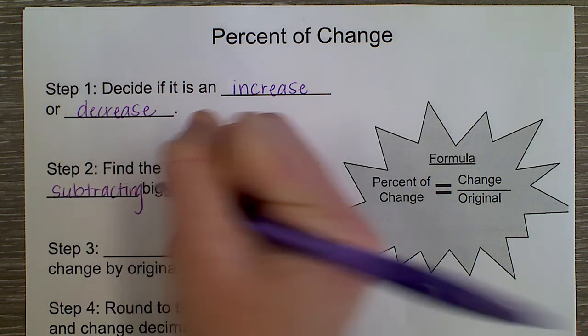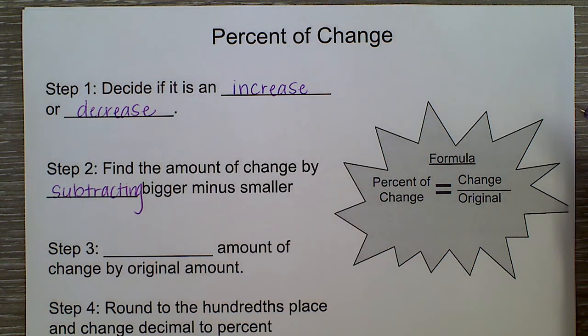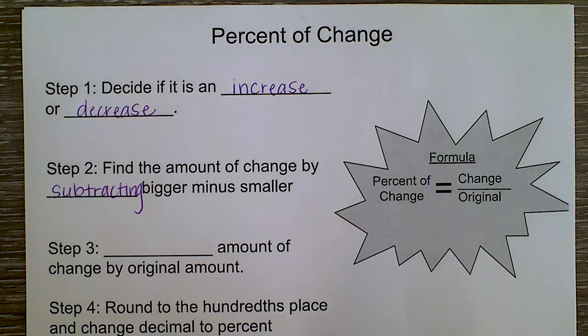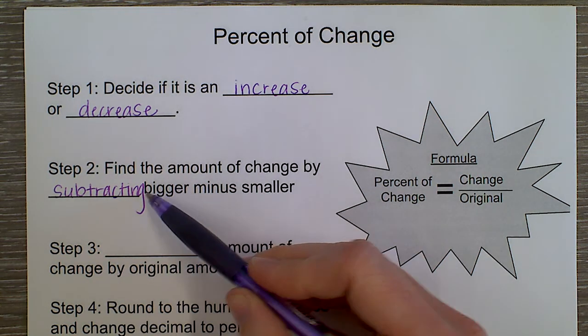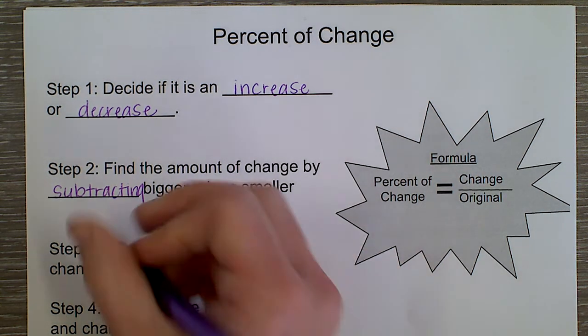For this step, it doesn't matter which one came first in your problem, you're always going to subtract bigger minus smaller. Step three, you're going to divide the amount of change, or the answer to your subtraction, by the original amount.